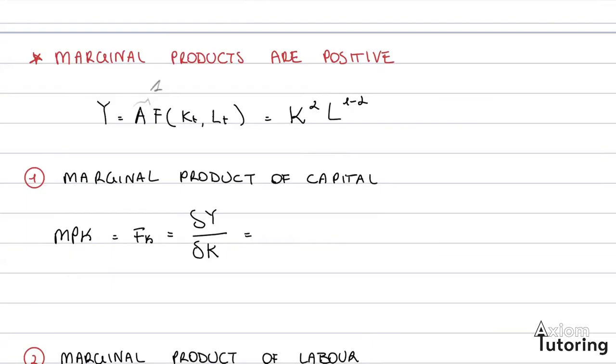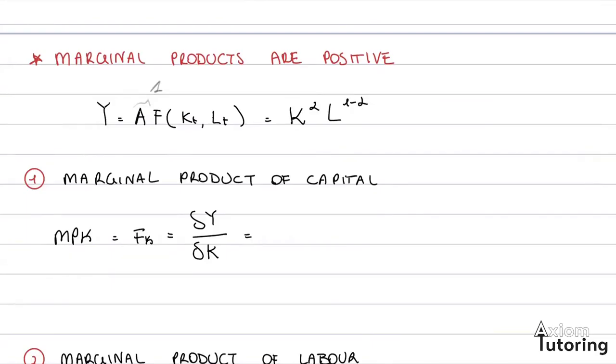So how to calculate the marginal product of capital? We need to take the partial derivative of output with respect to K. Why is that the case? Because the marginal product of capital and the marginal product of labor refer to how much output changes following a change in the factor input, for example, changing capital, keeping the other factor constant.